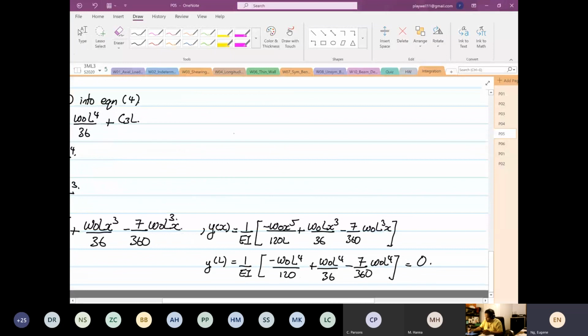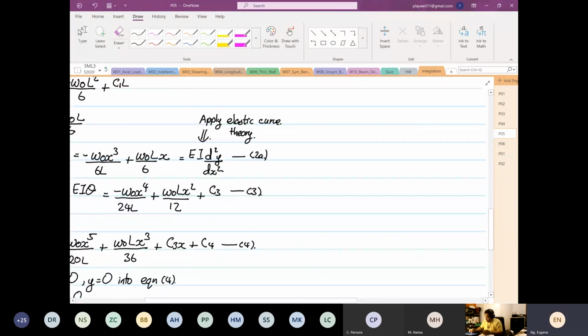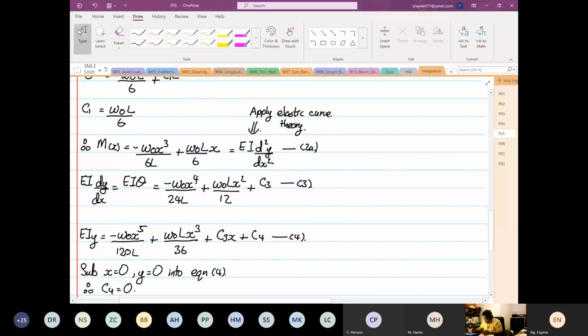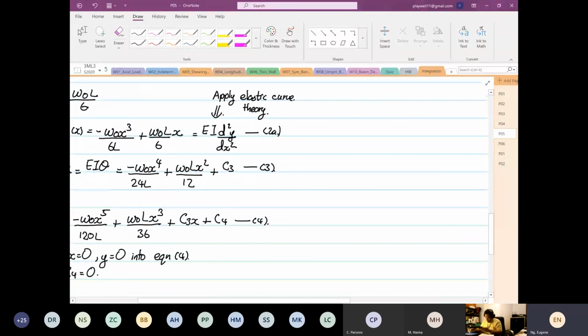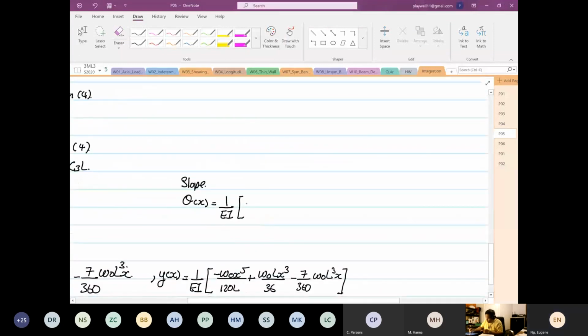Theta as a function of x is equal to 1 over EI again, times minus omega naught x^4 over 24L plus omega naught Lx squared over 12, and then minus 7 over 360 omega naught L cube.